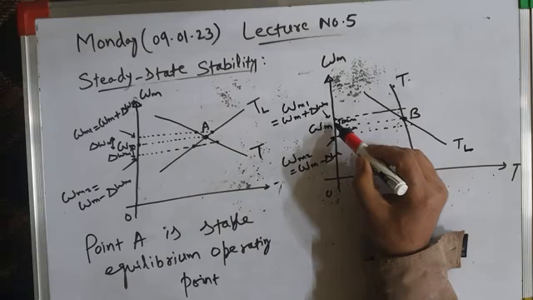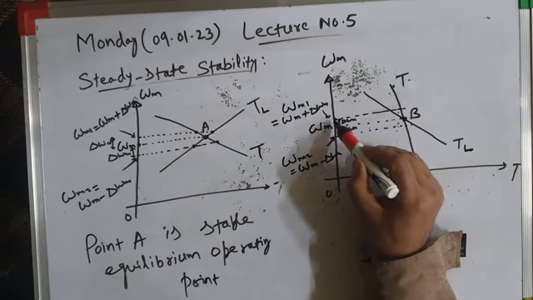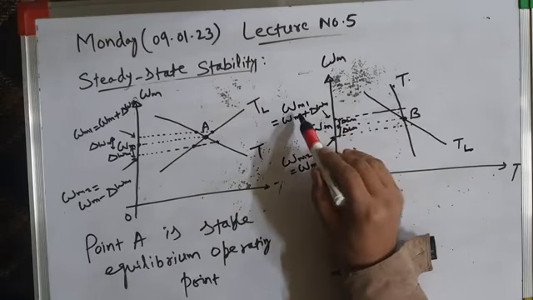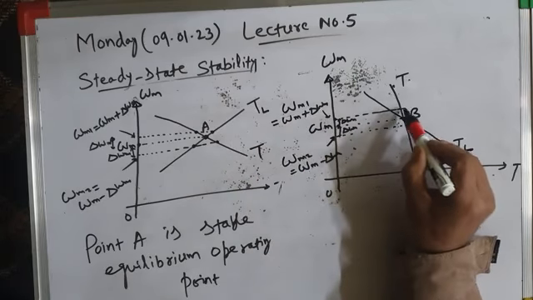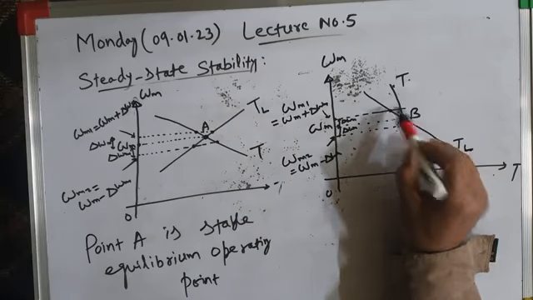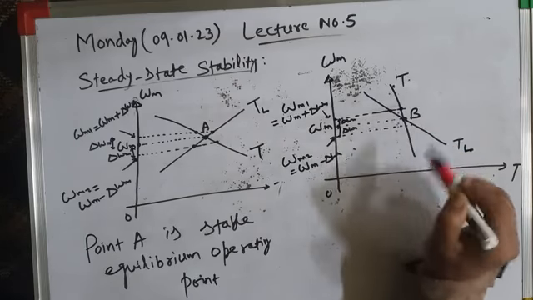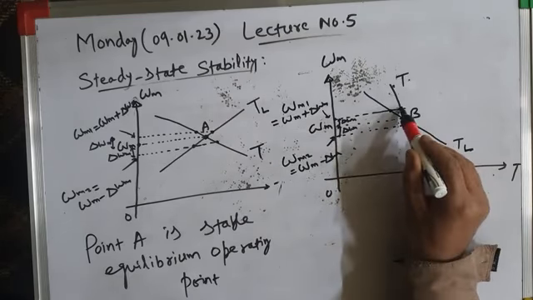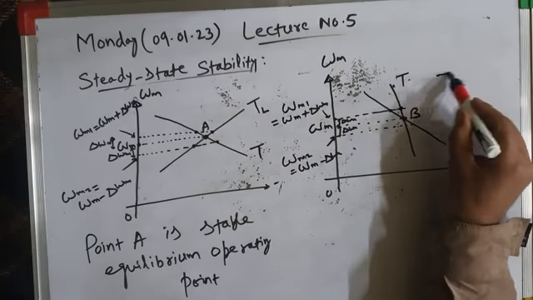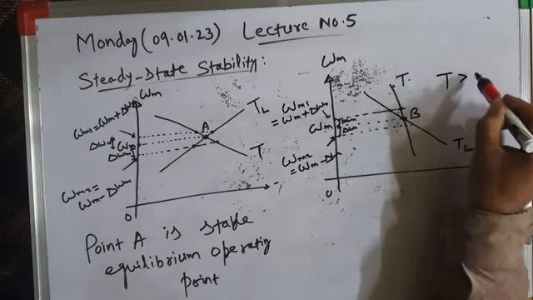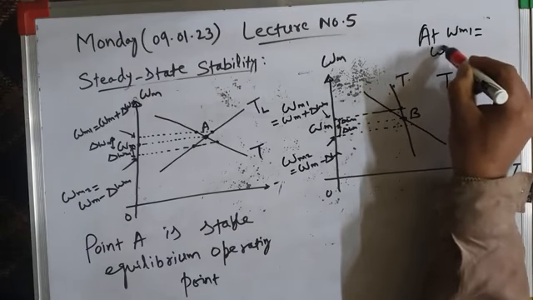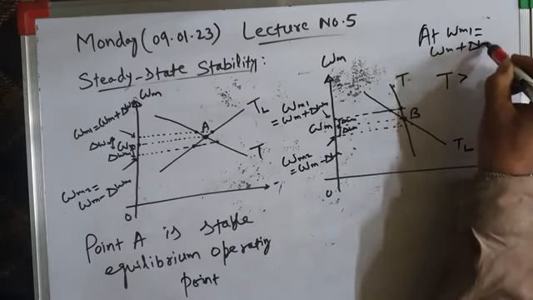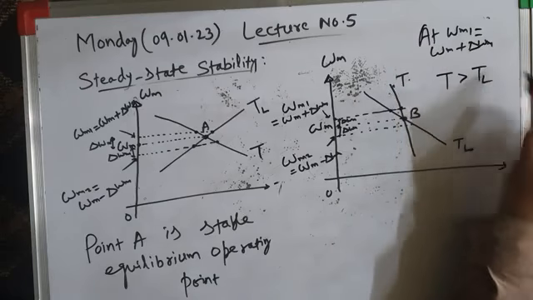Now, as soon as, due to some perturbation, the motor speed has increased by delta omega m, the new speed is omega m1 equal to omega m plus delta omega m. What happens? This is the new load torque and this is the new motor torque. Now we can clearly see motor torque is greater than load torque: T is greater than TL at omega m1 equal to omega m plus delta omega m.